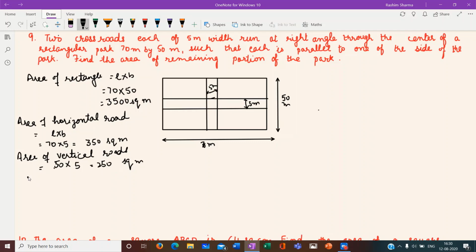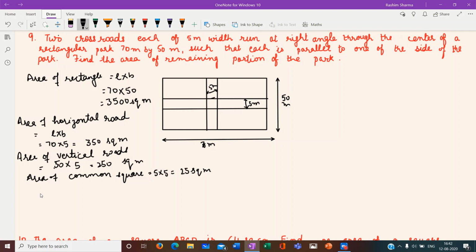Alright, so here we can see the area of the common square is equal to 5 into 5, 25 square meter. Now what is the total area of crossroads?